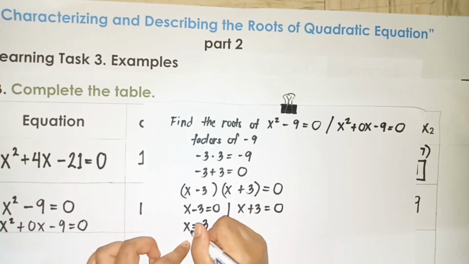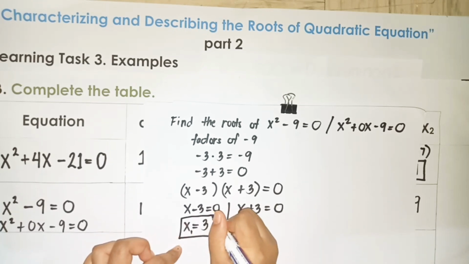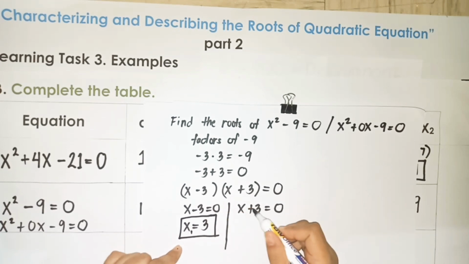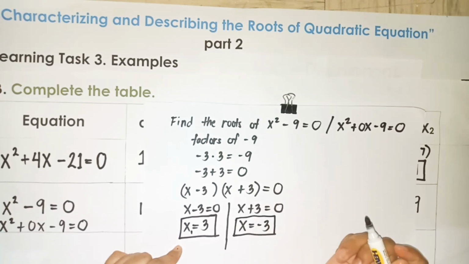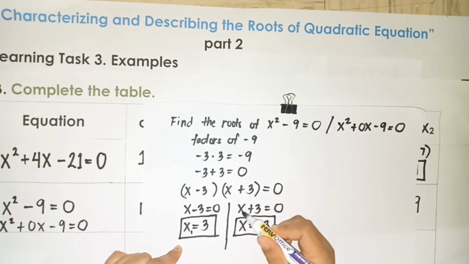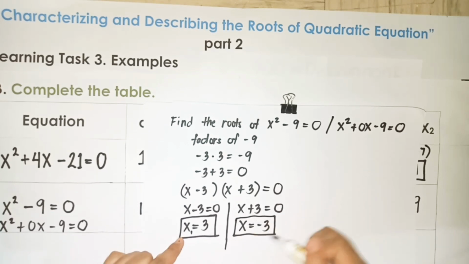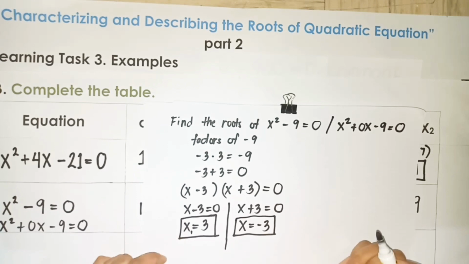So, x sub 1 is equal to positive 3. While the other one, since x plus 3, positive po yung 3, so magiging negative naman siya, by using transposition, o kaya naman po ay add both sides, negative 3. So, this is the answer already. We already have the roots, positive 3 and negative 3.